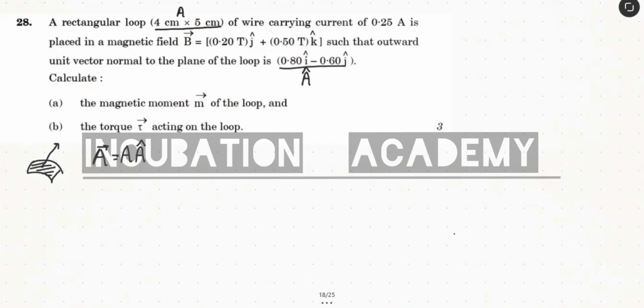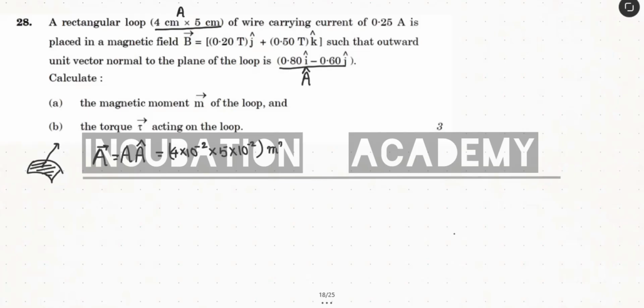The magnitude is 4 into 10 to the power minus 2 multiplied by 5 into 10 to the power minus 2. This product gives you the magnitude of the area in meter square.